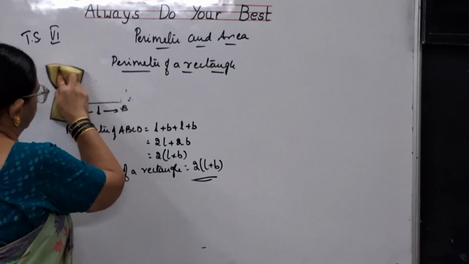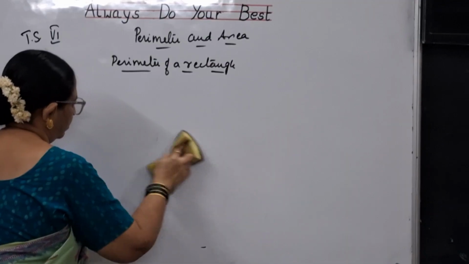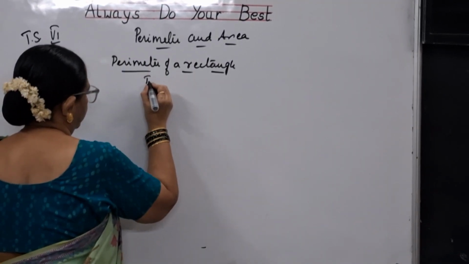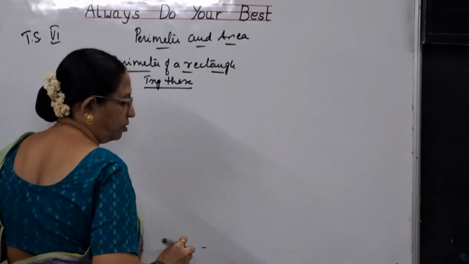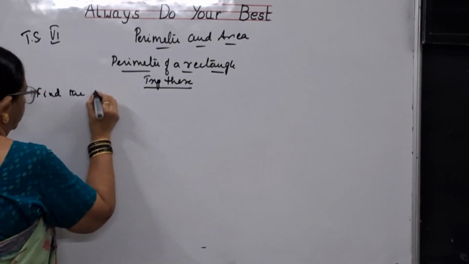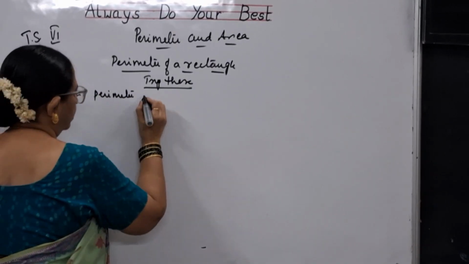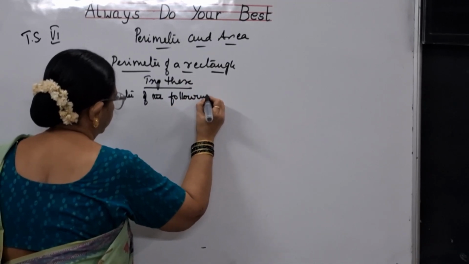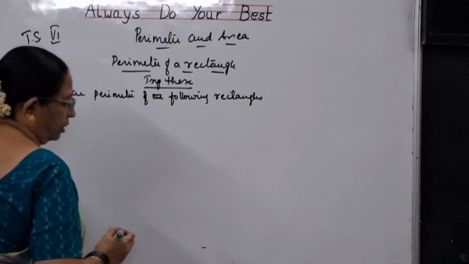Now, let us see. Try this. In this, the question is: find the perimeter of the following rectangles. How will you find the perimeter?